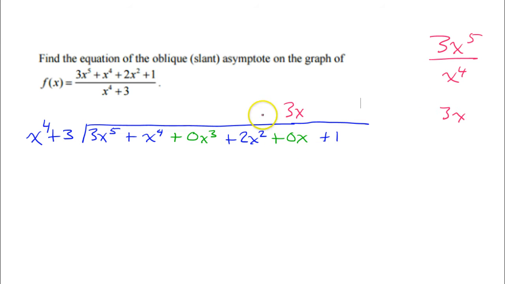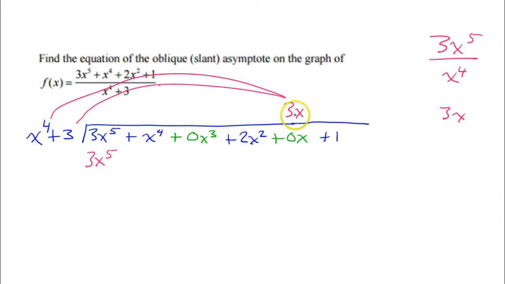So we divided. Now you multiply. I'm going to take this and multiply by doing the distributive property. Now 3x times x to the 4th power will be 3x to the 5th power. And 3x times 3 is 9x, which would go right here.